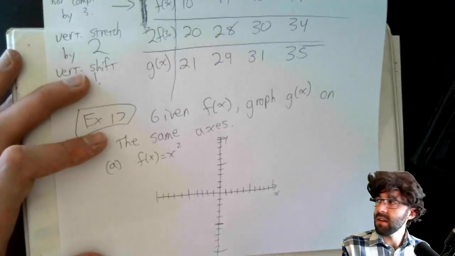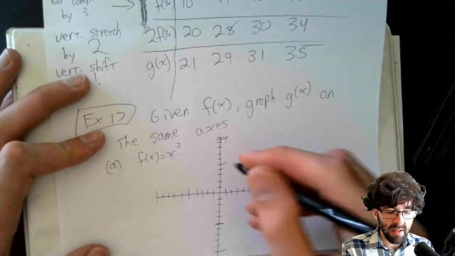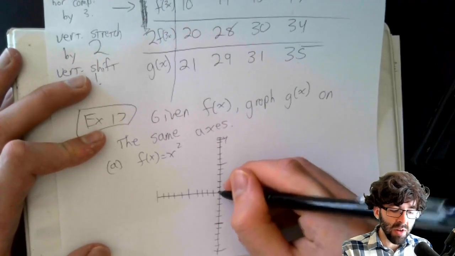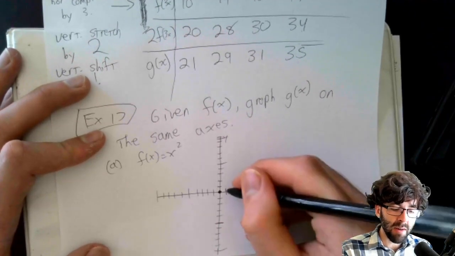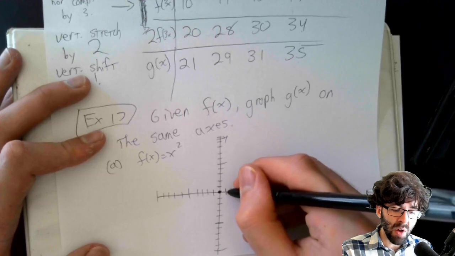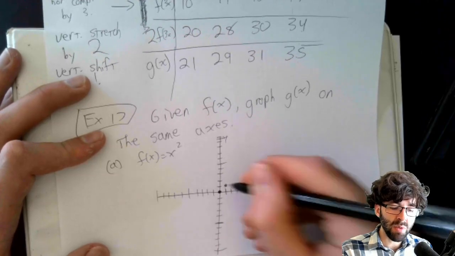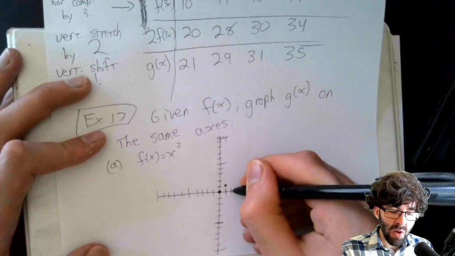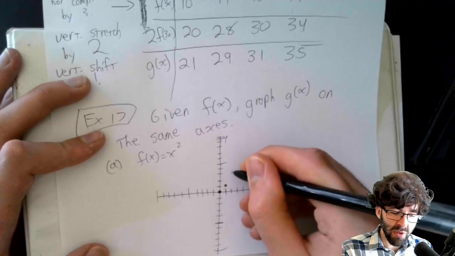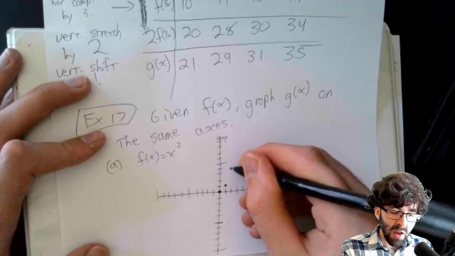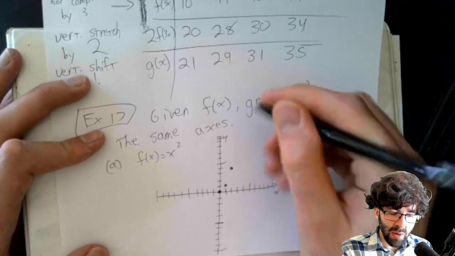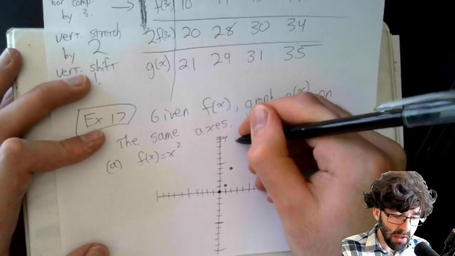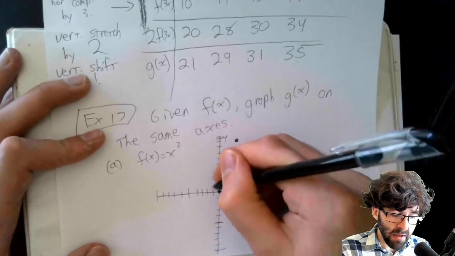So x squared. This is a parabola, right? Any x coordinate you pick, the y coordinate is just that number squared. So when x is 1, y is 1 squared, which is 1. When x is 2, y is 2 squared, which is 4. When x is 3, y is 3 squared, which is 9. You can make a table for this if you wanted to.